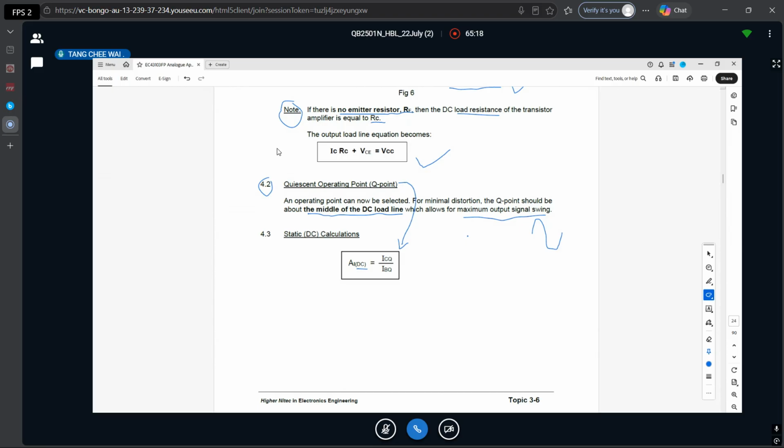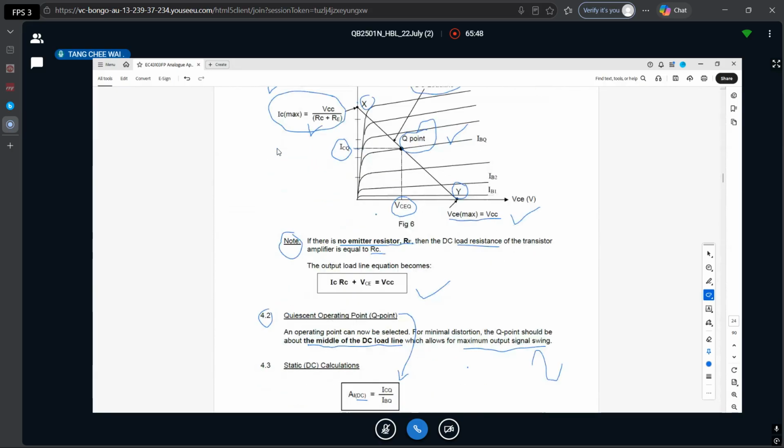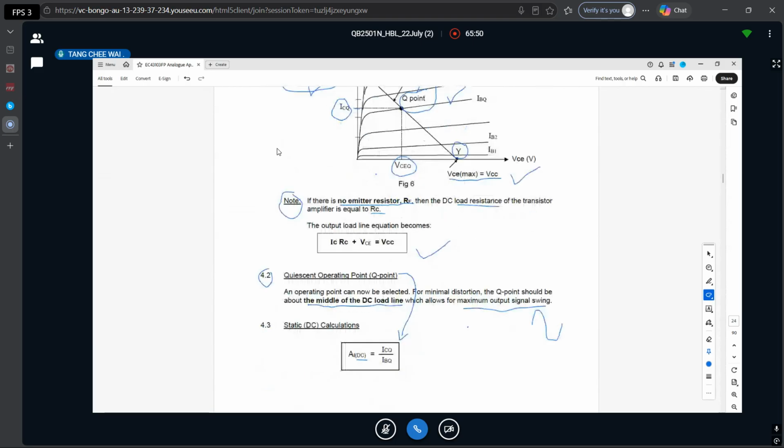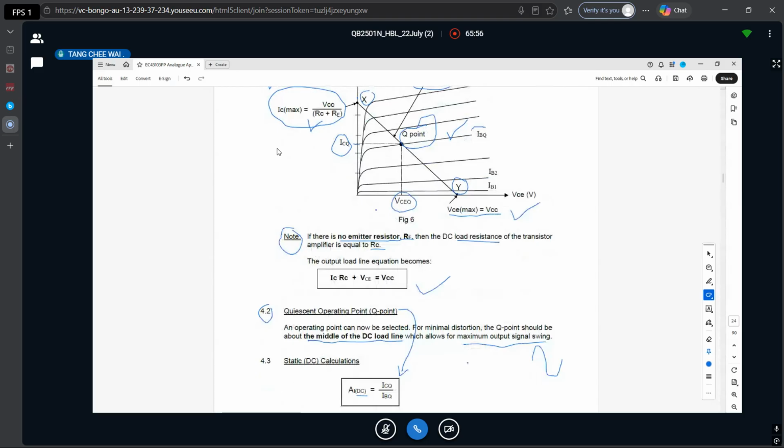Some of you may ask where ICQ is from. ICQ you get from here, for example. After drawing the point, you project across, you cut the axis, and you get the value ICQ. You also project downwards to get the value of VCEQ. That's how the value comes about. But this one doesn't apply a formula, so you have to be careful, because we are using this load line.